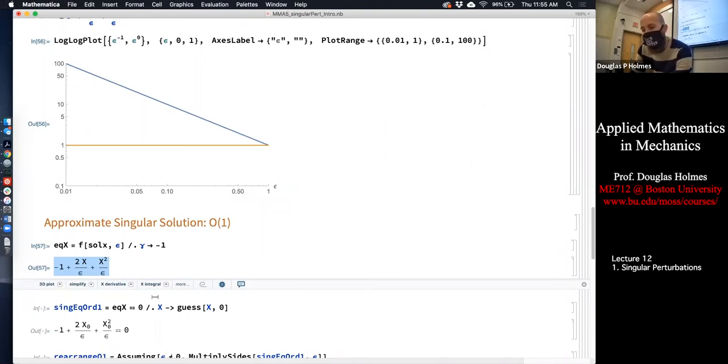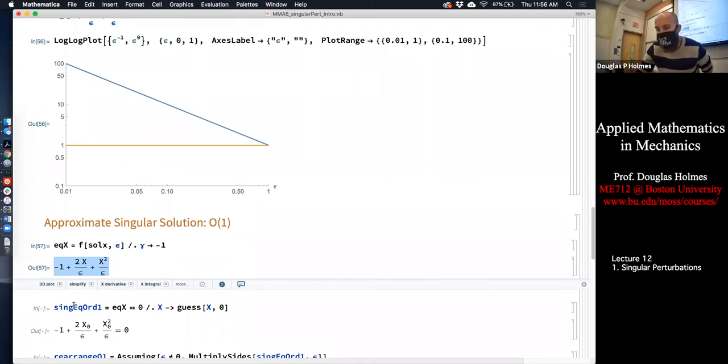Now what I'm doing is, just like we do every time with these perturbation methods, we want to replace capital X with our guess for capital X, being capital X equals x naught plus epsilon x1 plus epsilon squared x2, and so on.